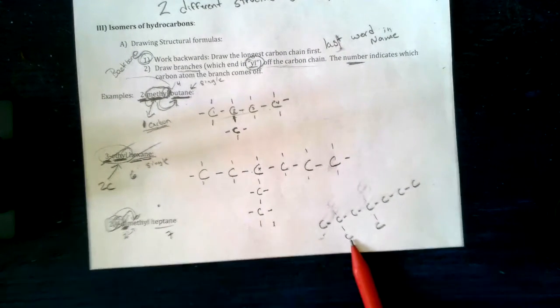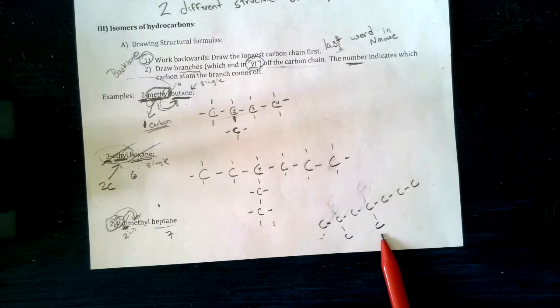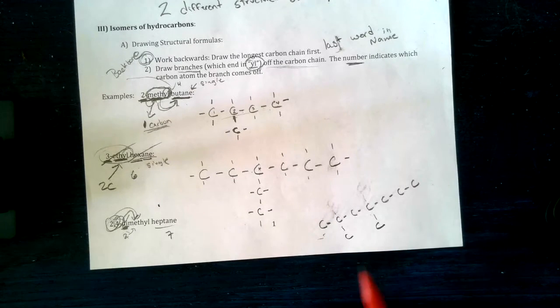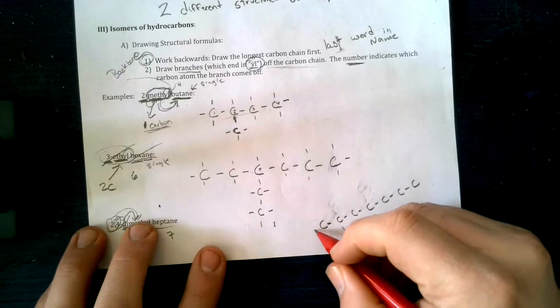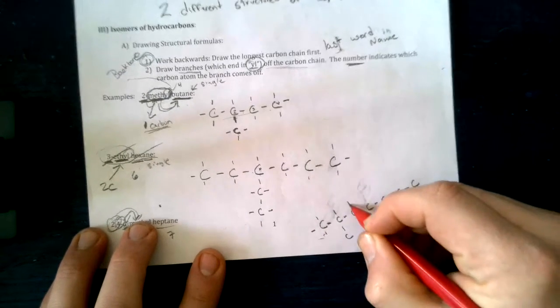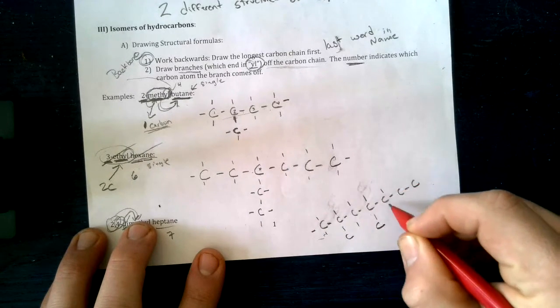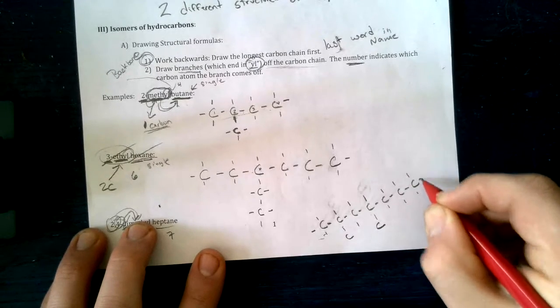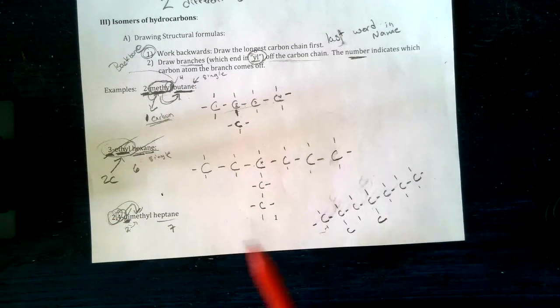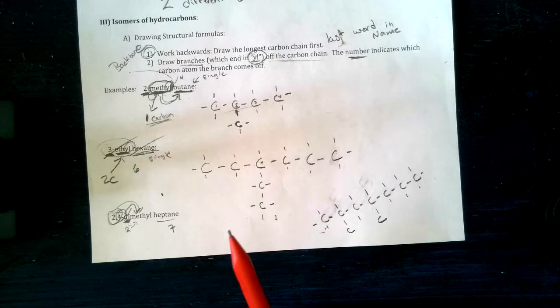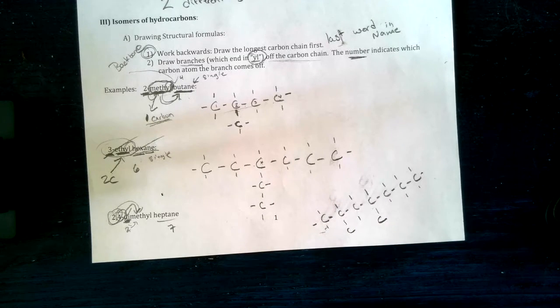The fact is, if the methyl group is on the 2 and the methyl group is on the 4, then it's done correctly. 1 up, 1 down, 2 up, 2 down. It doesn't matter. So 3 here, 1 here, 2 here, 1, 2, 2, and 3. And that right there is 2,4-dimethyl heptane.